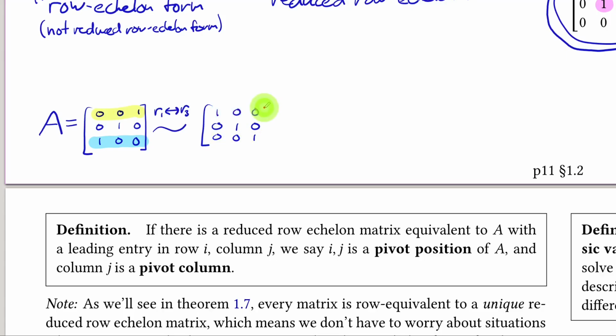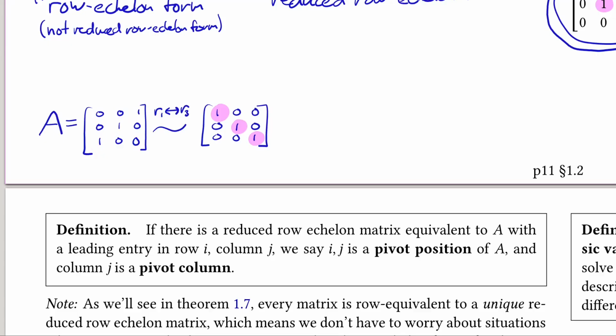Now this is in reduced echelon form, and the pivot positions in this, the positions of the leading entries, are here: row 1 column 1, row 2 column 2, and row 3 column 3. So where are the pivot positions in A? Is it here, here, and here? No, because there isn't a reduced row echelon matrix with pivot positions in these locations.